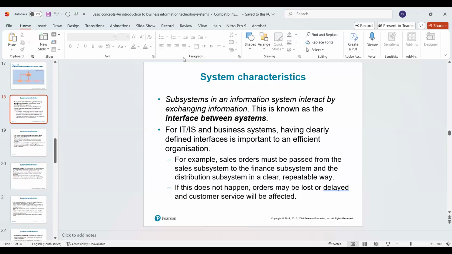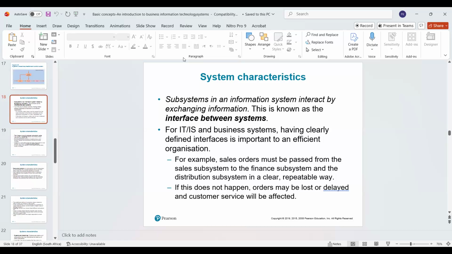Or the distribution channel is not aware how many to distribute, so they distribute 2,000 and then they relax, and customers will be complaining: we ordered 40,000, why are we receiving 2,000? You see, because there was no clear interface between the subsystems.